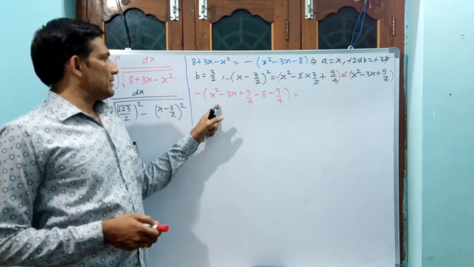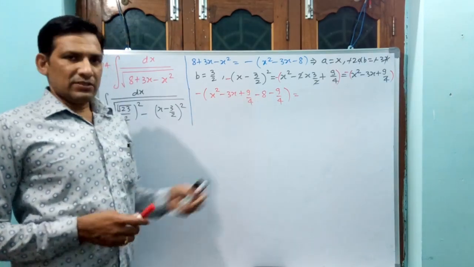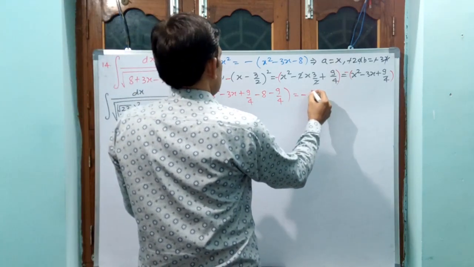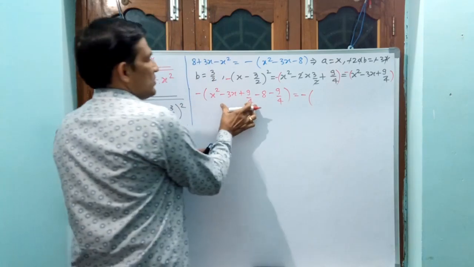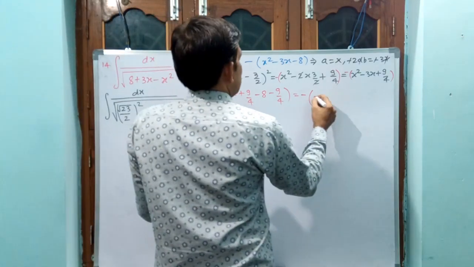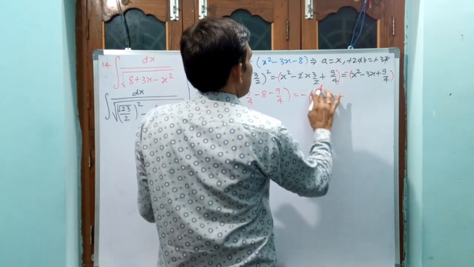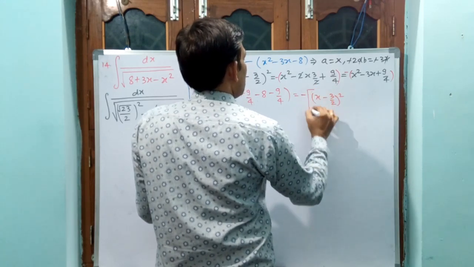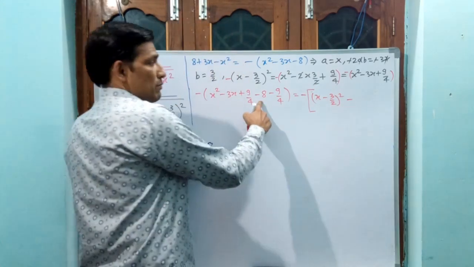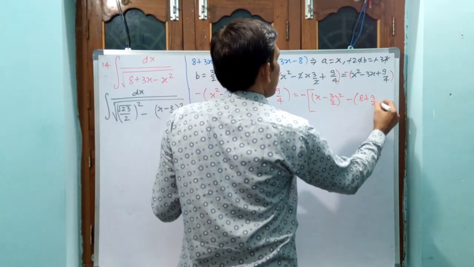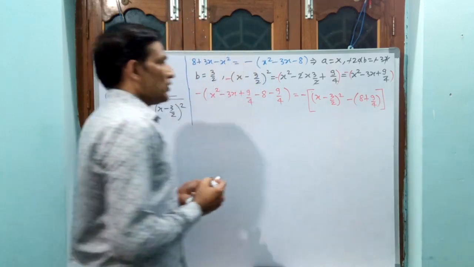Okay. But you see here, minus of minus you can take. I am taking minus as common. This will be like x minus 3 by 2 whole square. Minus common I have taken, then 8 plus 9 by 4. Is it okay?